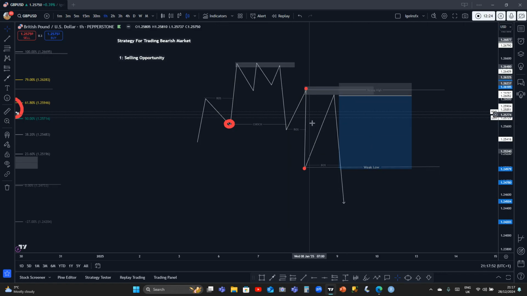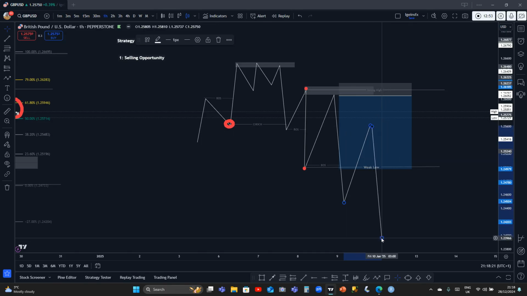Now, what we should be expecting is that the price action should come again and tap into this level again, then come down again.